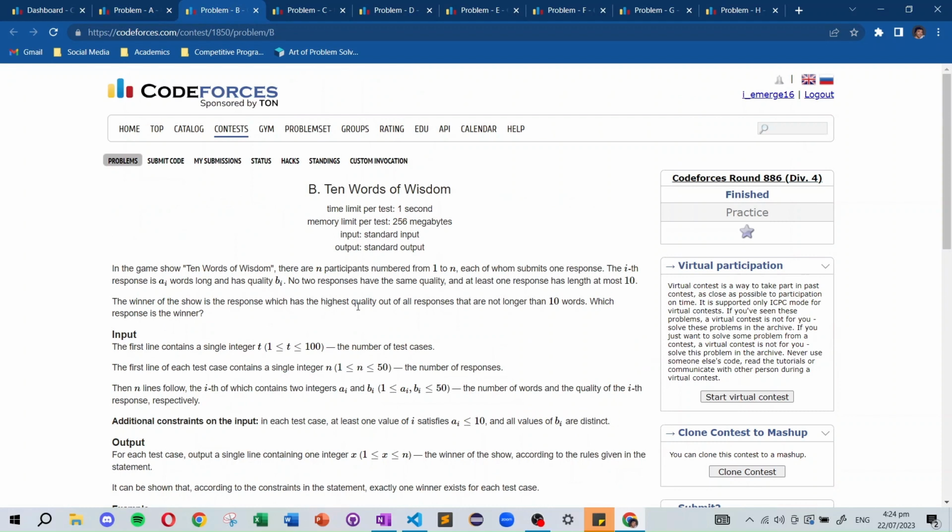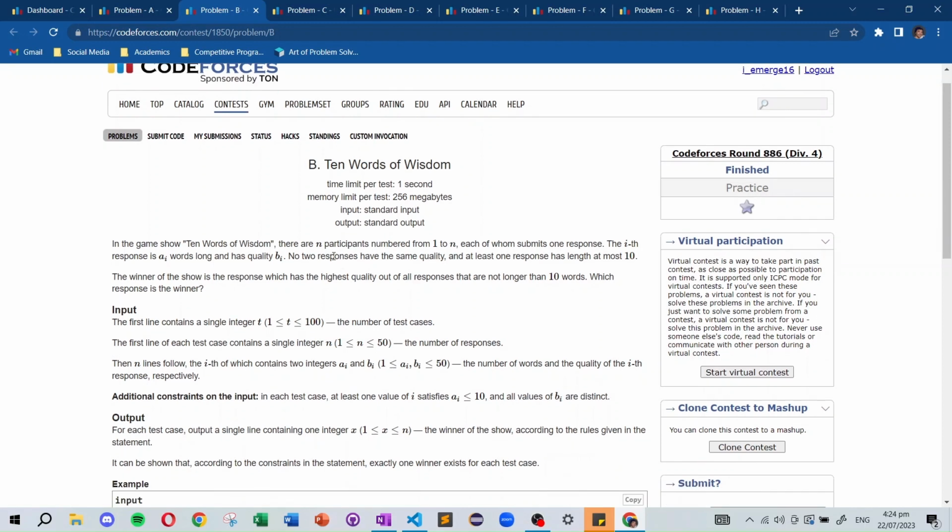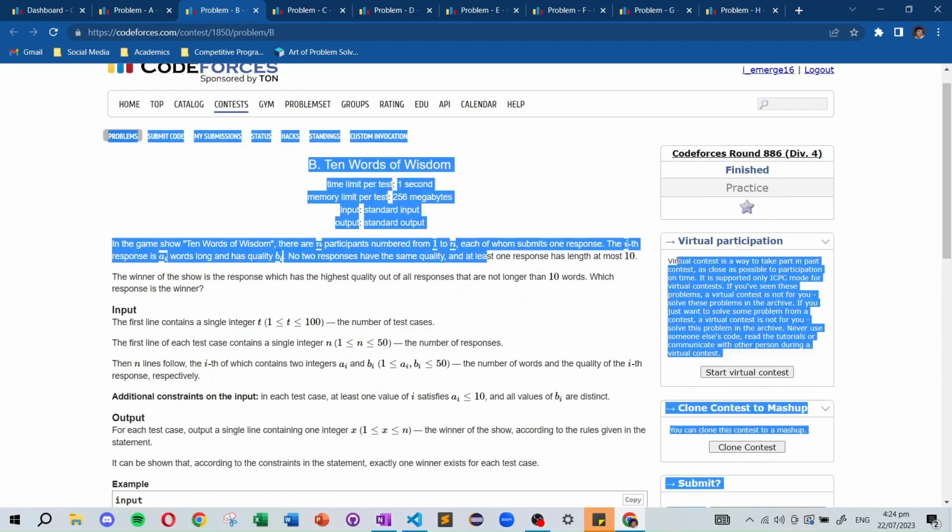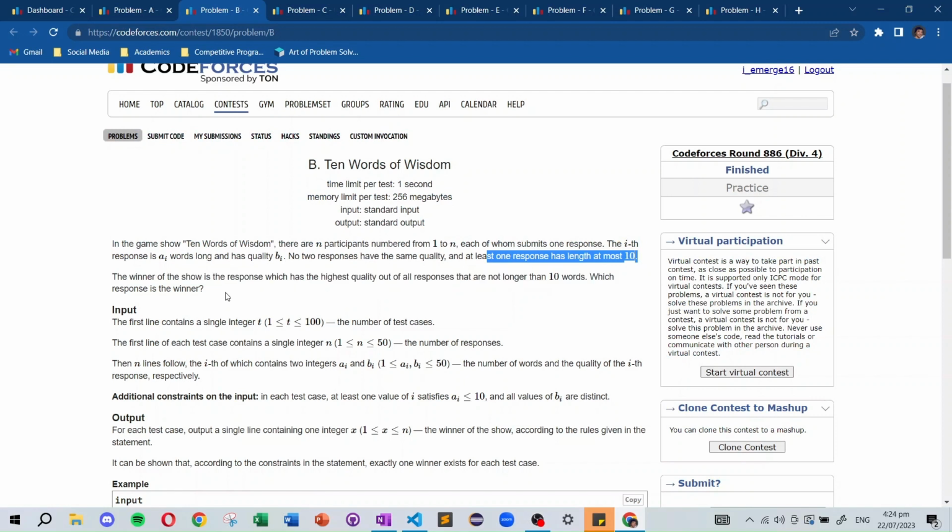Okay, let's go to the next problem, letter B. In this problem, you're given n participants, and each participant has a response of a_i words long and a quality b_i. No two responses have the same quality, and at least one has a length of at most 10.